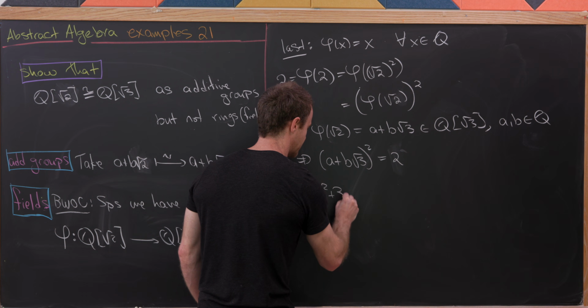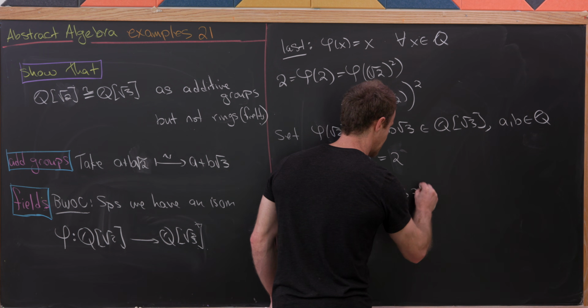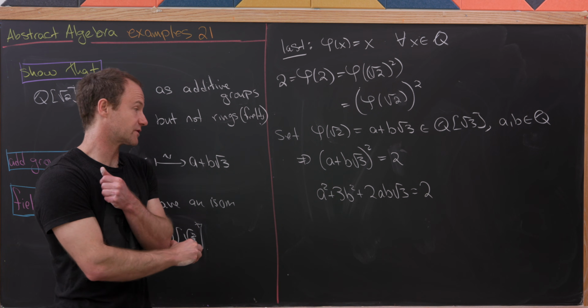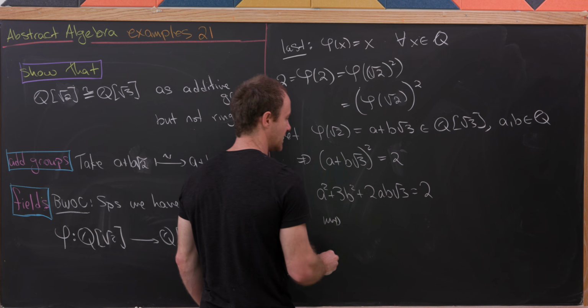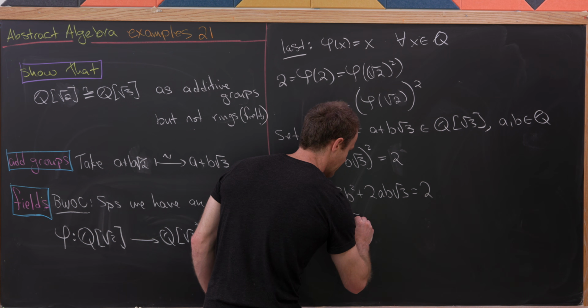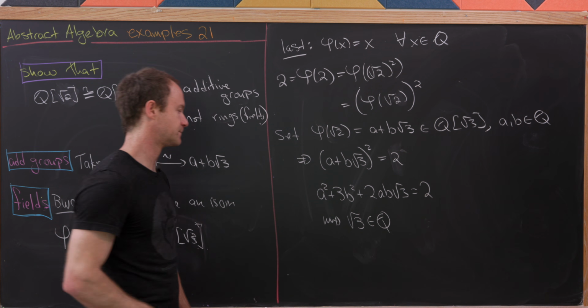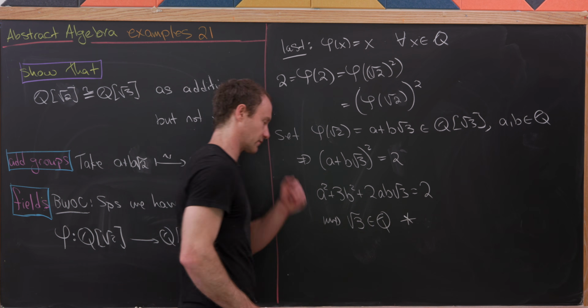We'll have a squared plus 3b squared plus 2ab root 3 equals 2. And then moving some things around, we'll end with the square root of 3 is in fact a rational number. But that's a clear contradiction. We know the square root of 3 is not a rational number.